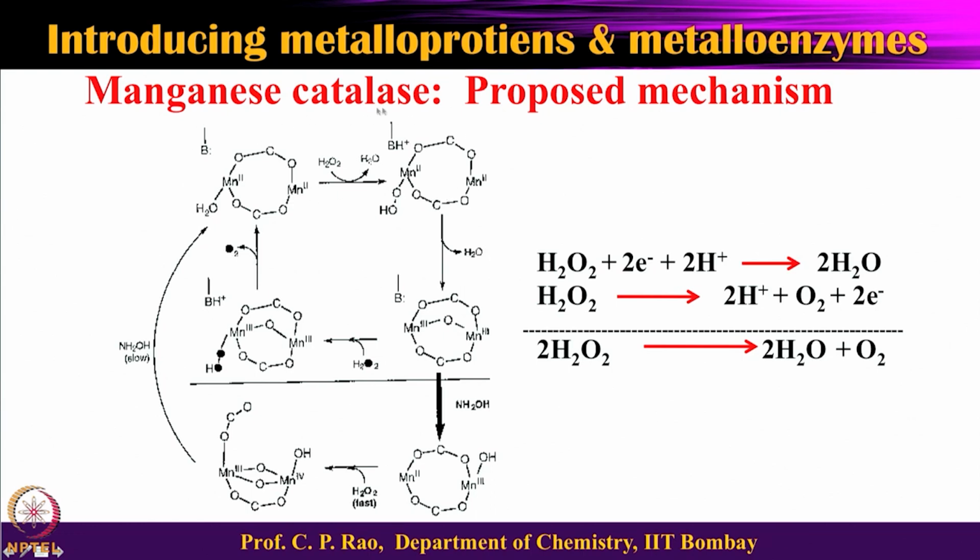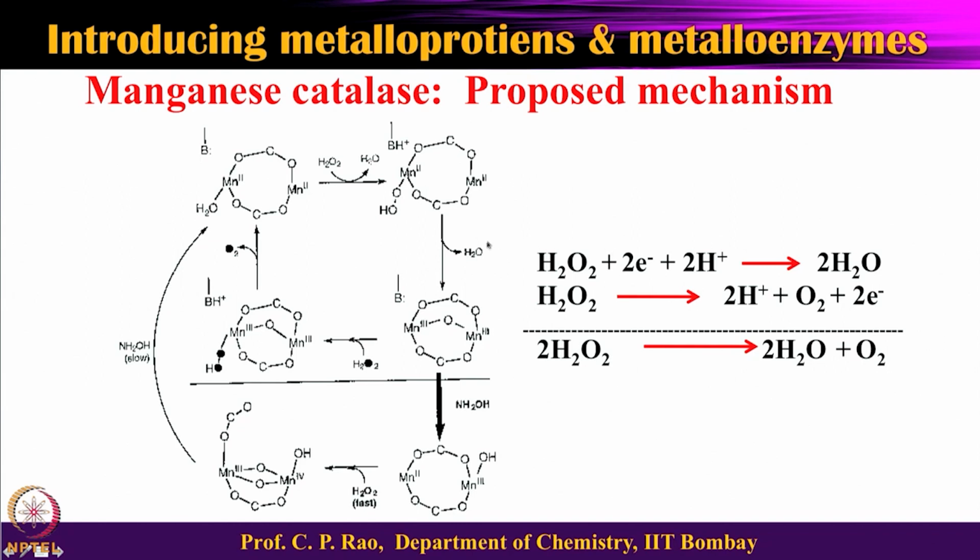Therefore, H2O2 is converted into water and O2. You can see the reaction here: H2O2 plus 2 electrons plus 2 protons gives 2 H2O, and H2O2 gives 2H plus, O2 plus 2 electrons. The total reaction is 2H2O2 going to water and oxygen.